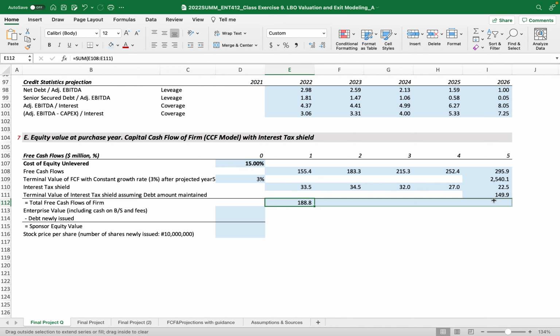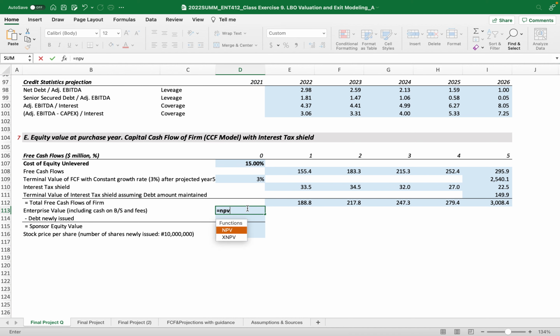Now let's sum all these numbers, so that we get the total free cash flows of the firm using the CCF model. And then for the enterprise value, we use NPV, open the parentheses, the rate, and then drag all these numbers, so that we get the future cash flows of the company.